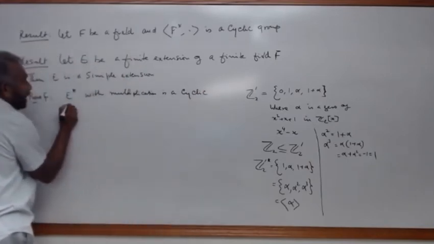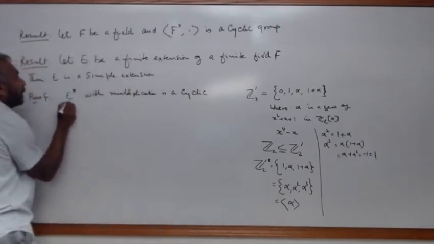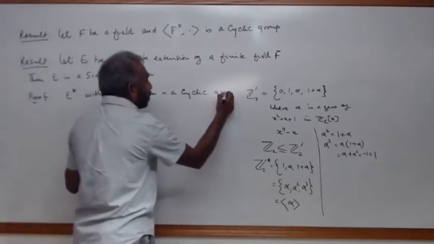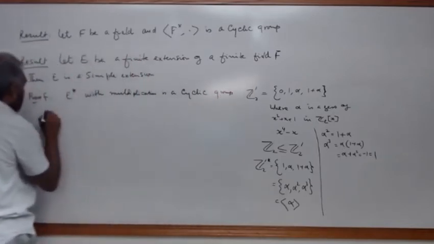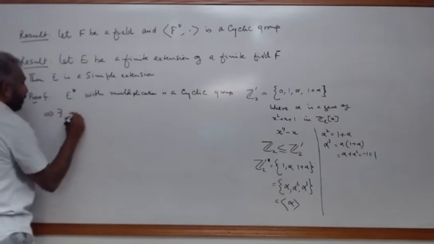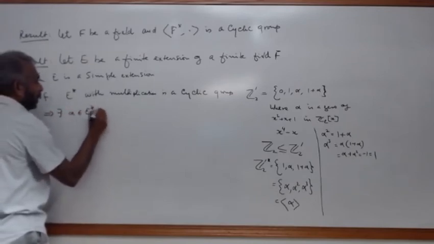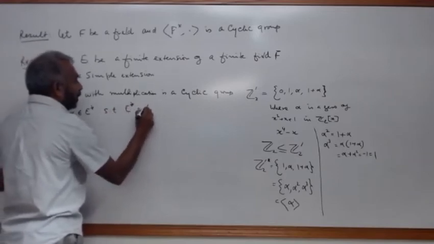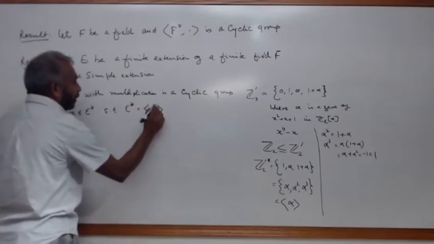When I say E star, it is actually non-zero elements of E, with multiplication is a cyclic group. That means there exists an alpha belonging to E star such that E star is equal to the group generated by alpha.